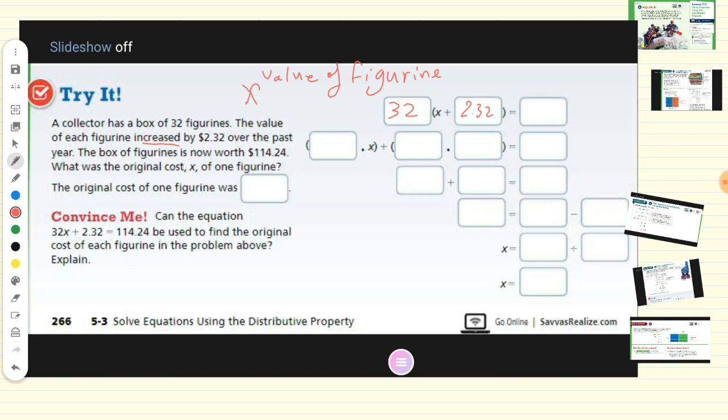This is how to translate it to math. You have to practice more to make it easy. And the total is what? Over the past year, the box of figurines is now worth 114.24. So I have the whole equation. What was the original cost, which is x, of one figurine?